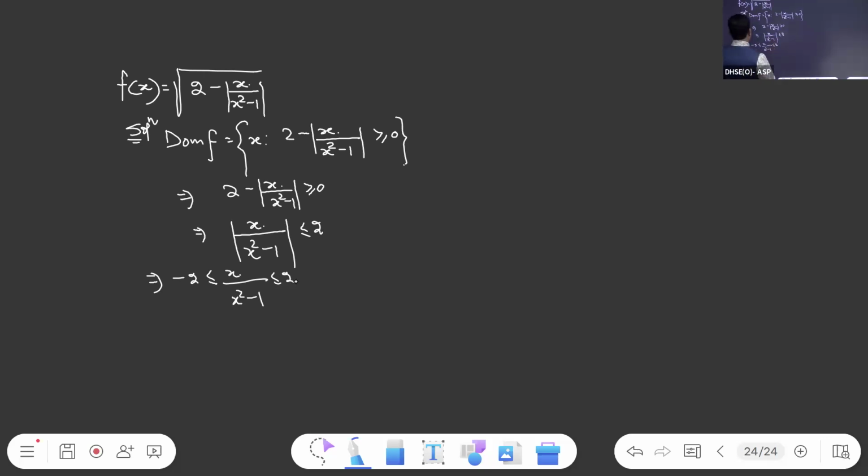Here two inequalities are there. One is the left inequality, another one is the right inequality.